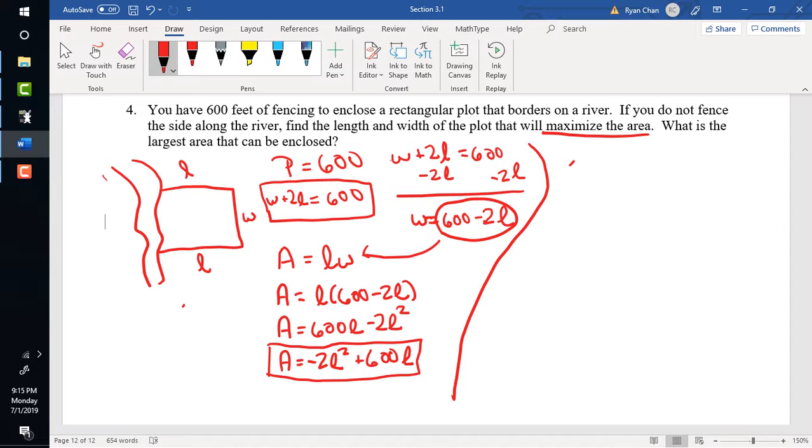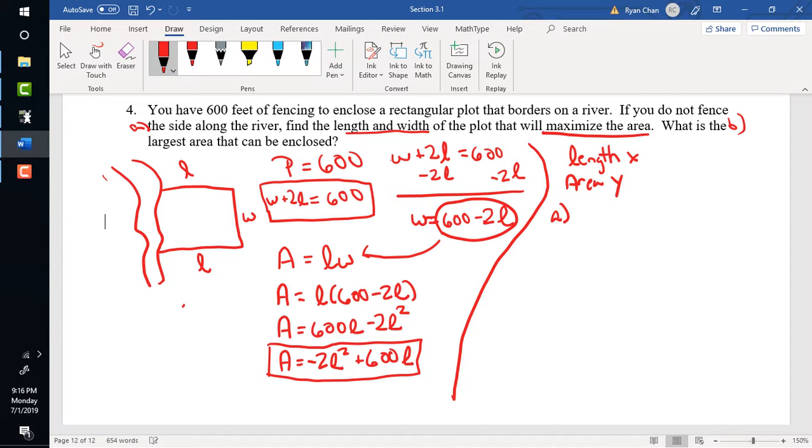So my L, my length, is my x, right? And then my area is my y. Okay? So it says, find the length and width of the plot that will maximize the area? Sorry, I'll call this A, and then I'll call the second part B.